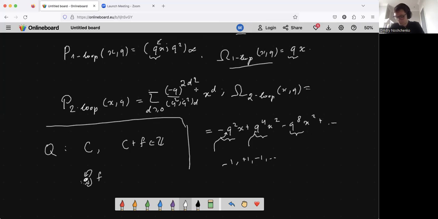Yeah, so this is just some educational example, and let's just keep in mind that one can compute using recursion term by term the DT invariants for m-loop quivers, and I'll just make a pause.